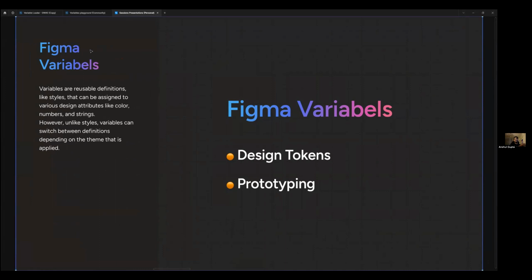We need to understand that Figma variables are not something defined outside of Figma. Variables are not something globally understood. They are a feature that Figma has come up with. Figma variables can be used in two ways: either as design tokens, or to create advanced prototyping.